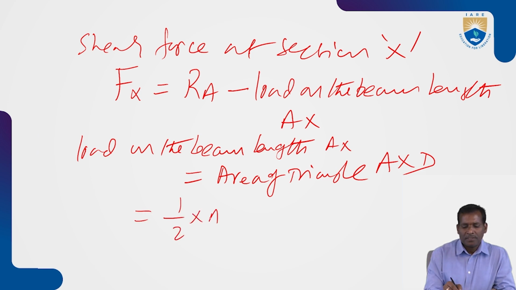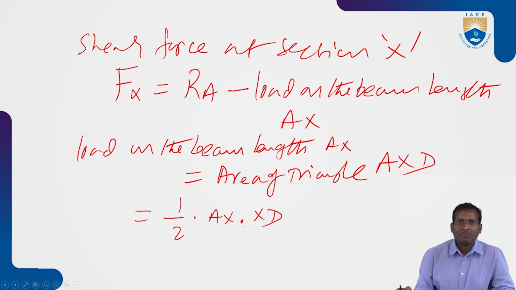The area of triangle AXD is half into AX multiplied with XD.